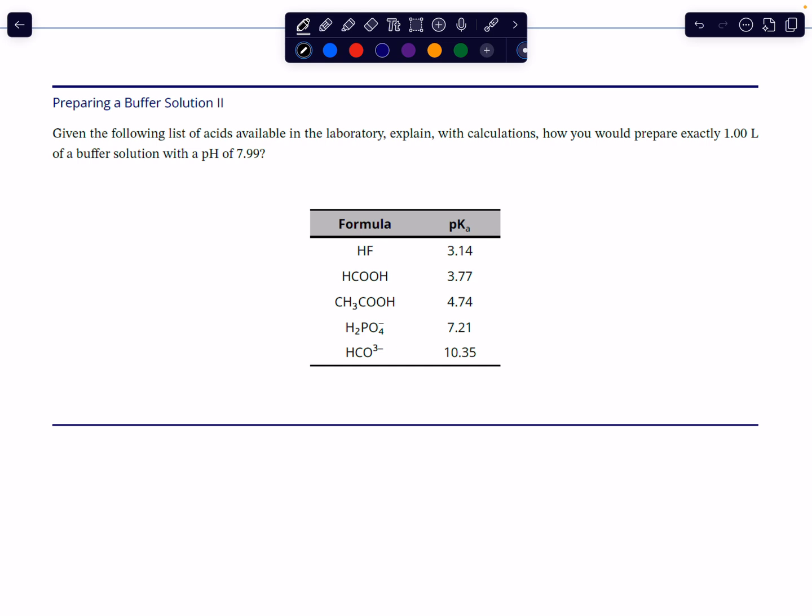In other words, we want to prepare a buffer solution with a specific pH, and we have a list of acids and conjugate bases at our disposal, and we need to make some decisions.